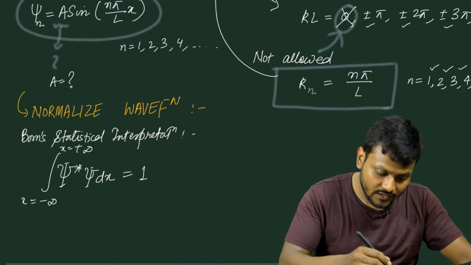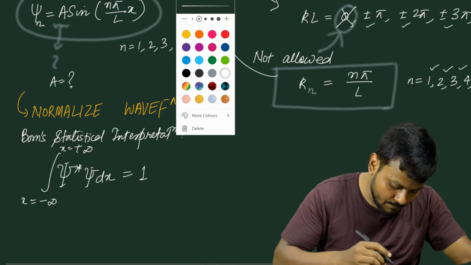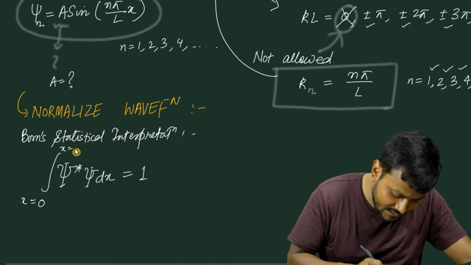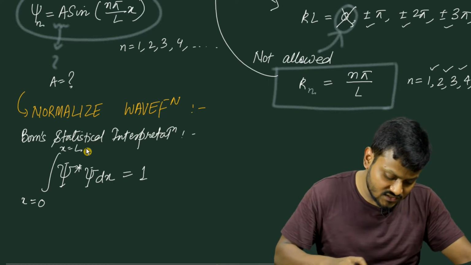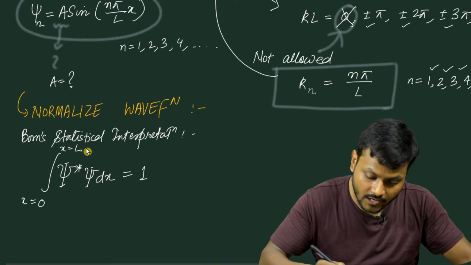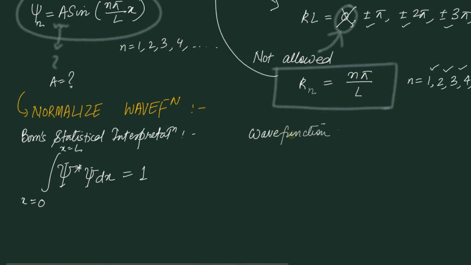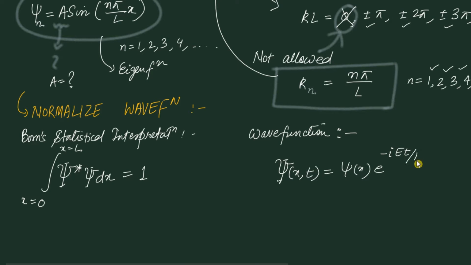Now because in our case the particle exists only between x is equal to 0 and x is equal to L, I am going to put the limits 0 and L. The particle always exists between 0 and L, so this must be equal to 1. However, I have not yet obtained the full wave function. I told you earlier that the wave function, which is a function of both x and t, is a multiplication of the eigenfunction and e to the power minus iEt upon h cross.